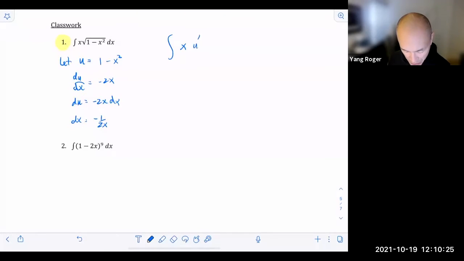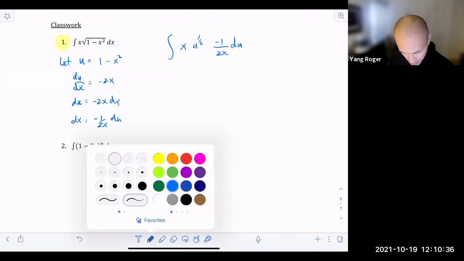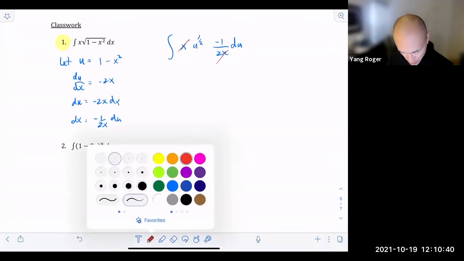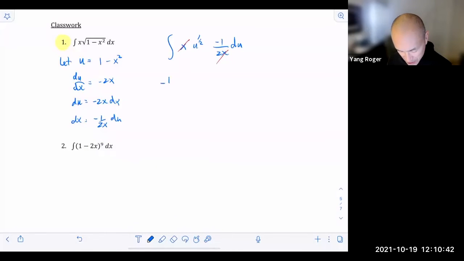I'm going to get a u to the 1/2, times negative 1 over 2x du. I forgot the du here. And lo and behold, the x and the x cancel each other out. That's great for me. I can factor out the negative 1/2 from the integral, and this becomes u to the 1/2 du.